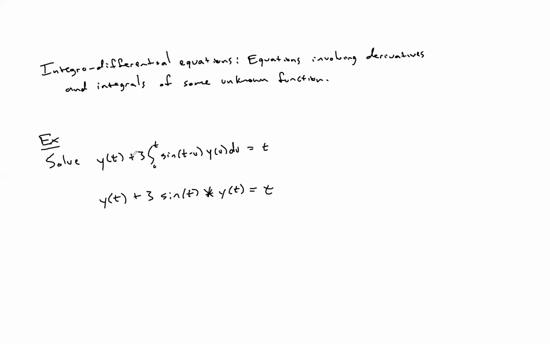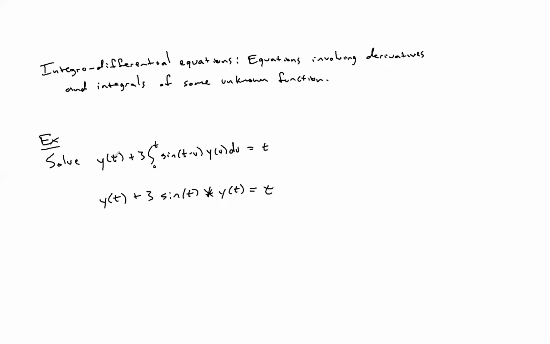So I guess you could just say that this is an integral equation of some sort. There's other examples in the book where maybe instead of a y of t, you have a y prime of t. And so you have some combination of derivatives and integrals showing up. But again, we know how Laplace transforms behave with derivatives, and so they can still help us solve those equations as well.